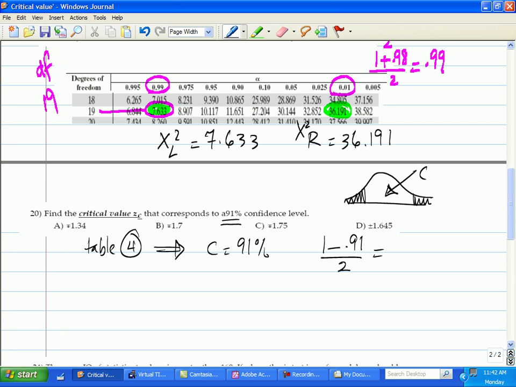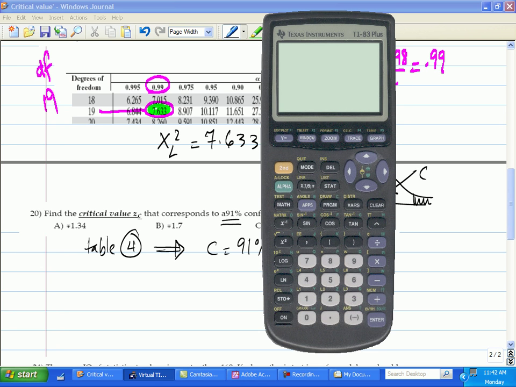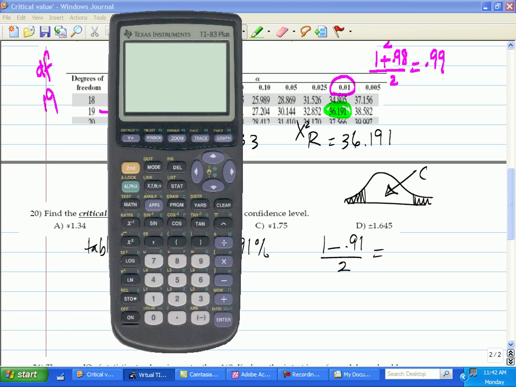Let's see what 1 minus 0.91, divided by 2, is. We'll get 0.045.